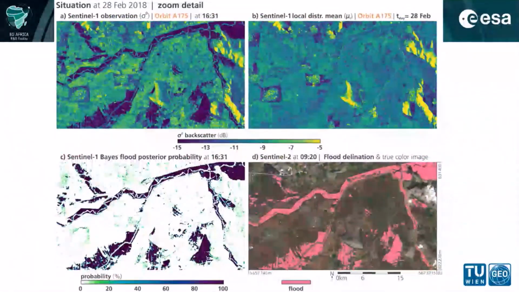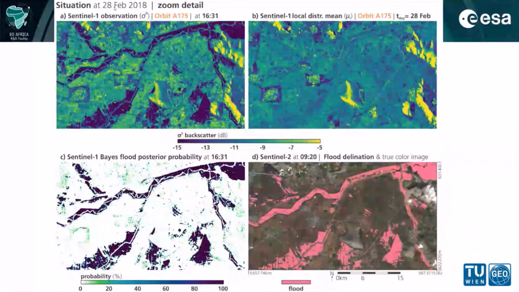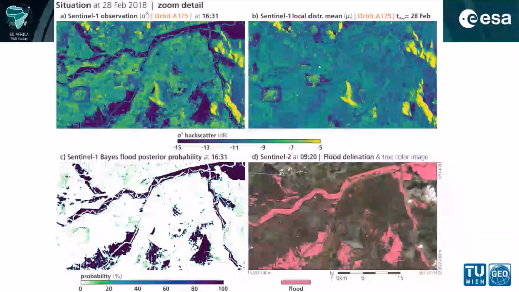Let's show this with one concrete example here. So that's a SAR image that was taken here on the 28th of February 2018. You see already here those areas that show very low backscatter, in the order of -15 dB. And this is the backscatter image as we would expect it to look if there's no flooding.